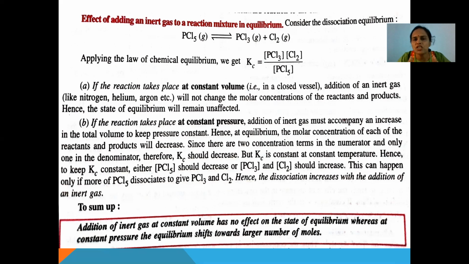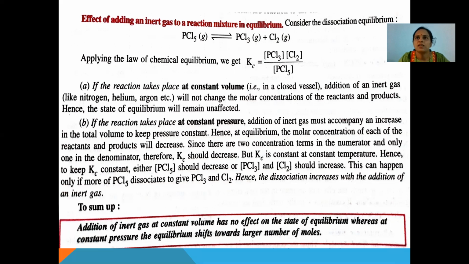Therefore, Kc should decrease, but Kc is constant at constant temperature. Hence, to keep Kc constant, either PCl5 should decrease or PCl3 and Cl2 should increase. And this can happen only if more of PCl5 gets dissociated to give PCl3 and Cl2. Hence, the dissociation increases with the addition of an inert gas.